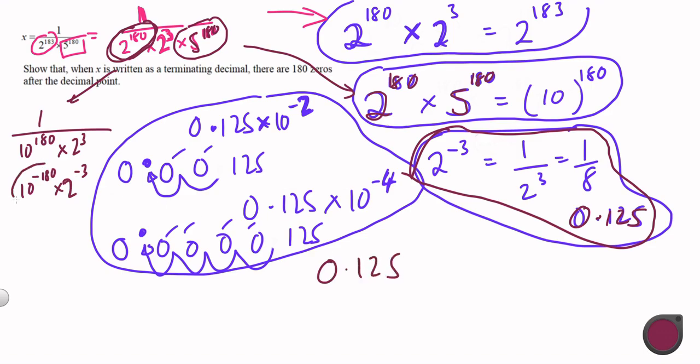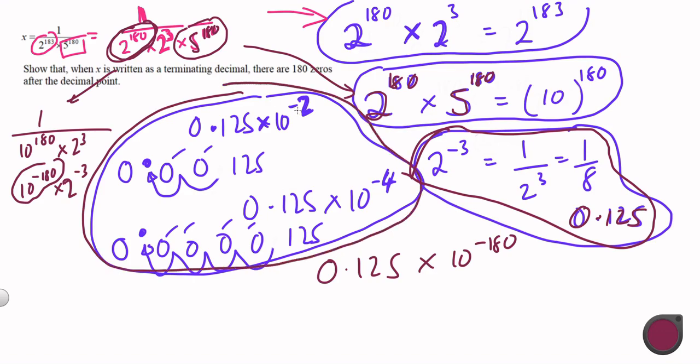And this bit over here is times by 10 to the power of minus 180. But as you've seen from information I've shown you here, when you times by 10 to the power of minus 2, you get 2 zeros after the decimal point. So for example, when you times by 10 to the power of negative 4, you get 4 zeros after the decimal point. So what we expect when you times by 10 to the power of minus 180, you do expect 180 zeros after the decimal point. Right, this is good enough.